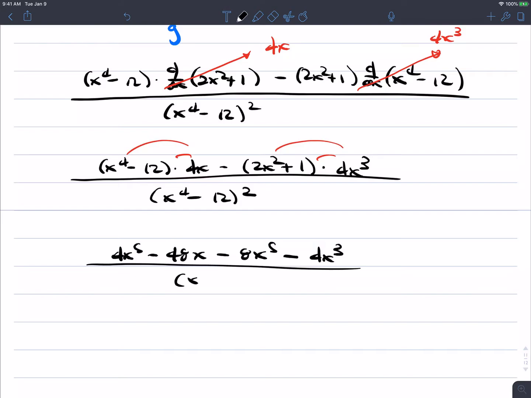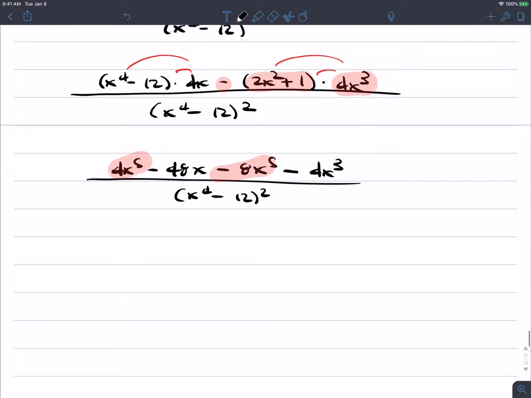And this is all over x to the fourth minus 12 squared. So you're going to distribute here. Now be careful, because this is a subtraction sign. So when you distribute, in this portion, all the signs will be opposite. And so the only terms that are left to combine here will be these two.